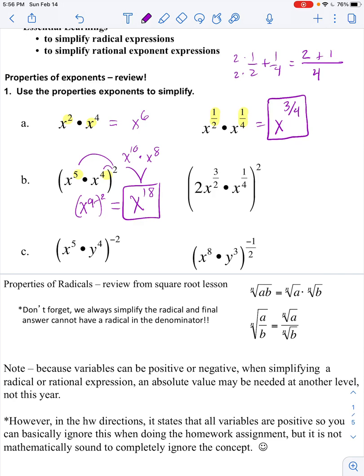So in this next example, it's the same process, but now I have to deal with the fractions. Think of this as 2 over 1. So 2 over 1, that power gets multiplied by the power of 2 to become 2 to the second. Here at x, my 2 over 1 is going to multiply by my 3 over 2 power.